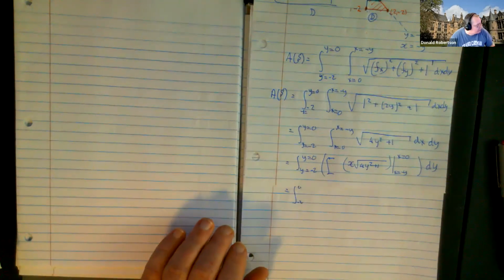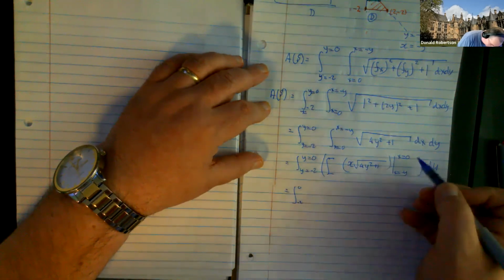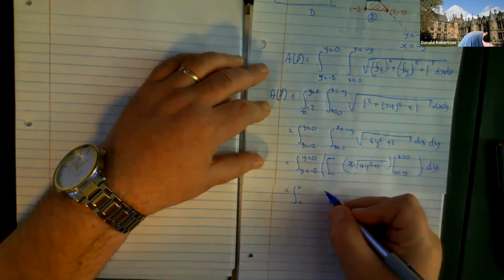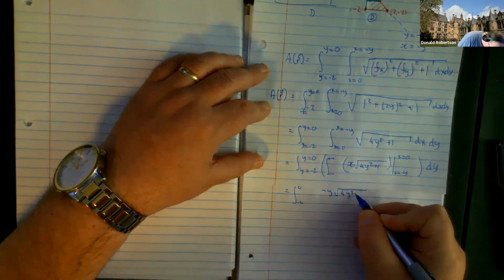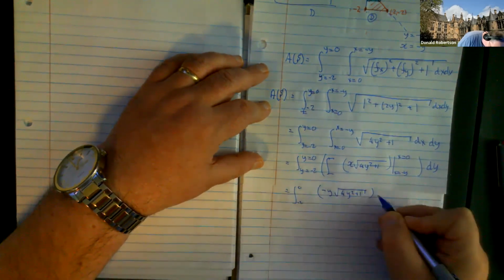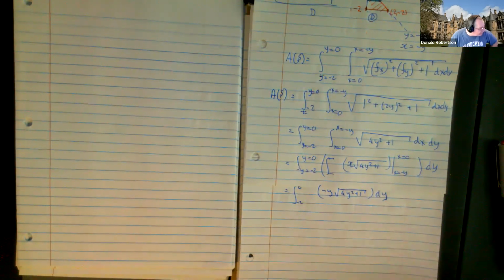What do you get? Plug in 0, plug in -y. Plug in 0, you get nothing. So I guess you're going to just get -y, the square root of 4y squared plus 1 dy. And at this point, I should be able to figure out where we're going next.